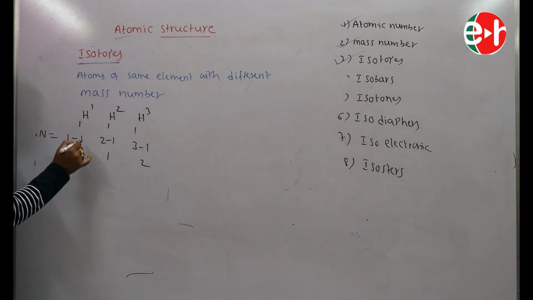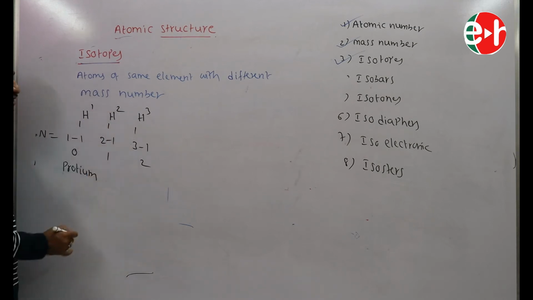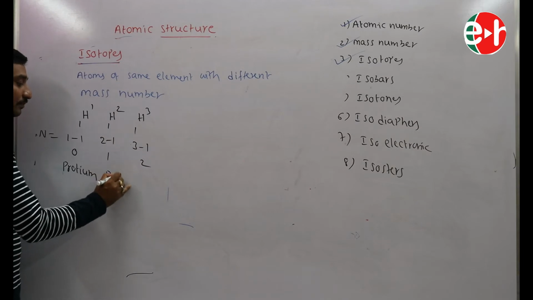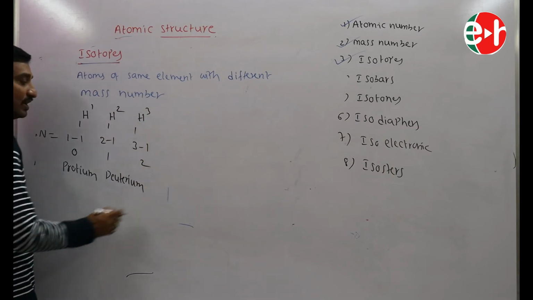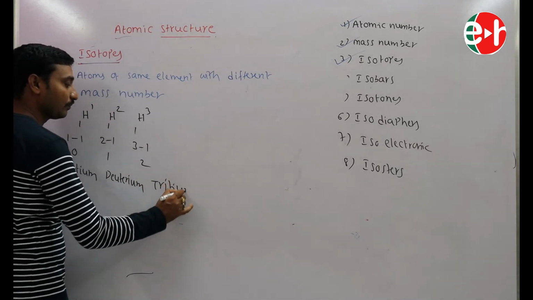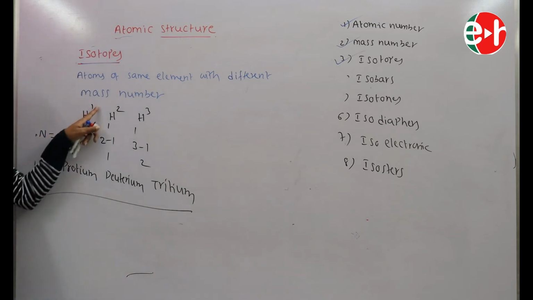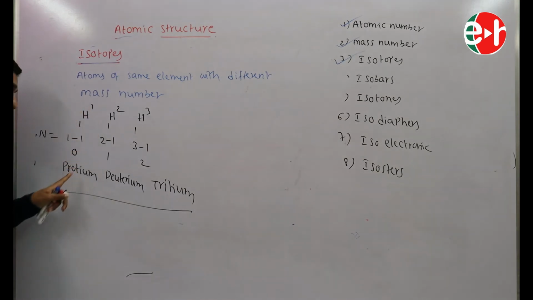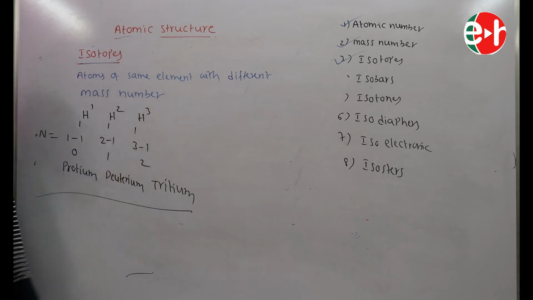Generally this 1H1 isotope is known as protium, 1H2 is known as deuterium, and 1H3 is known as tritium. So these are the names of the hydrogen isotopes.